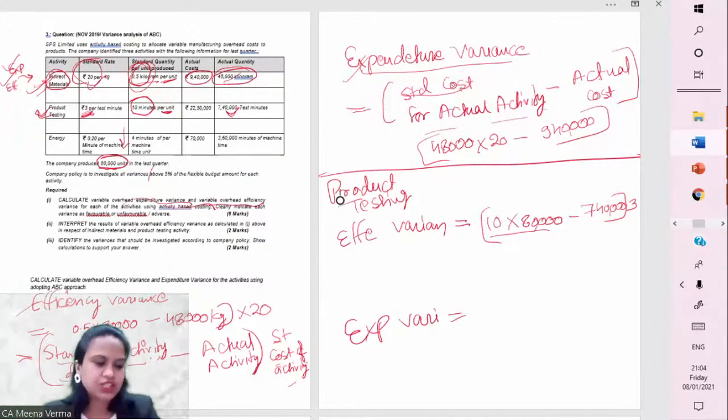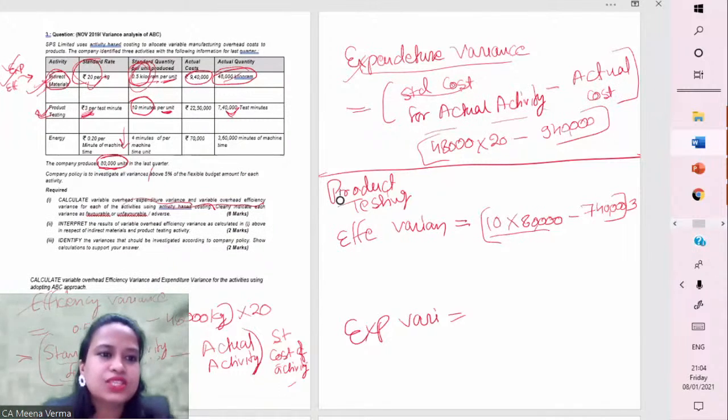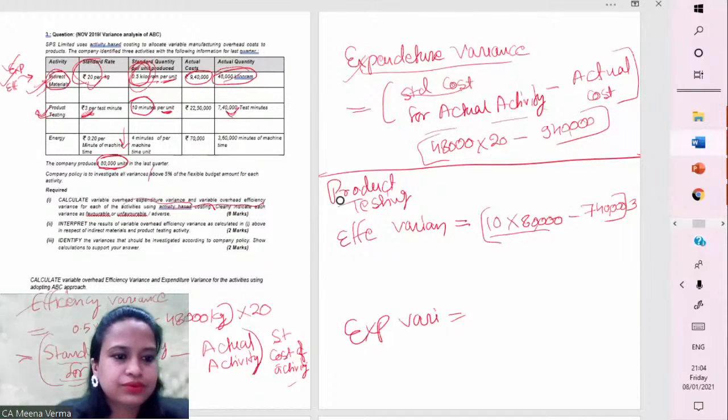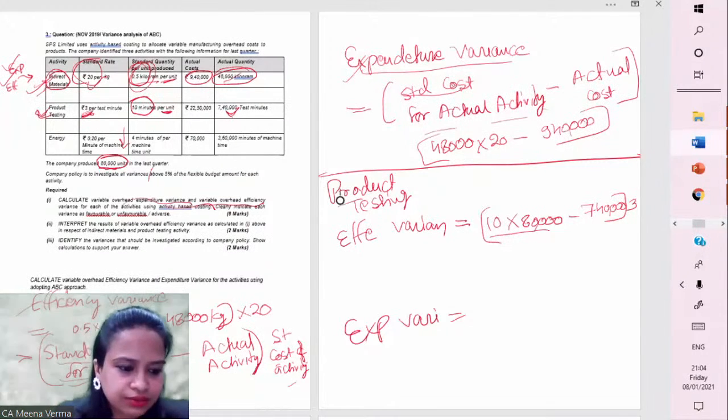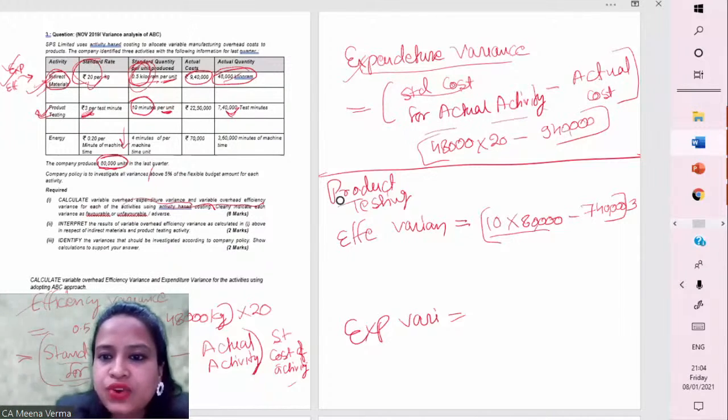Similarly, calculate the expenditure variance. If you have any doubt, ask me. I'm waiting. These questions are very simple, and this question was there in your examination in November 2019. Calculate these values. Give me the answers. Expenditure variance: standard cost for actual activity.